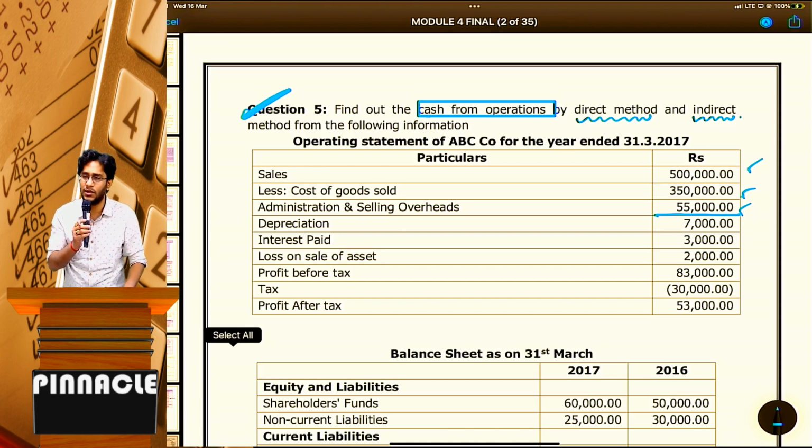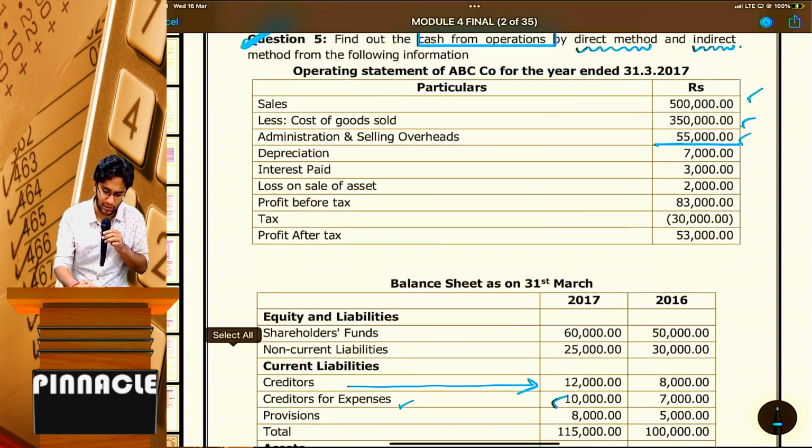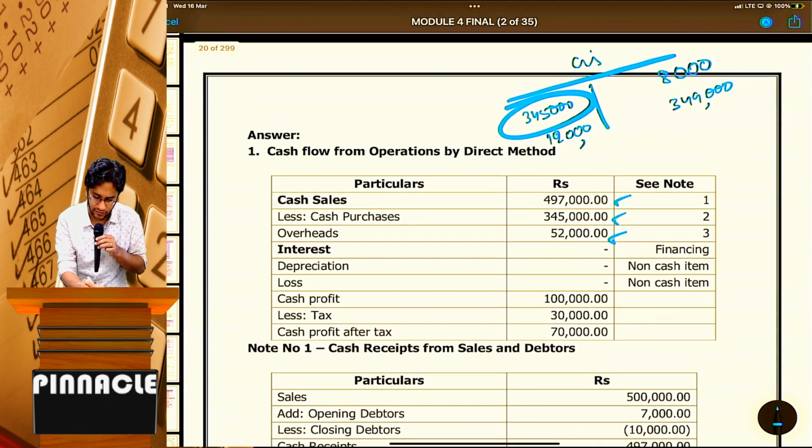It is not appearing, meaning the entire 30,000 has been paid. So actual tax paid also is equal to 30,000. That means your items will be cash collected from debtors 497, cash purchases and amount paid to creditors, overheads paid 52,000. Depreciation and loss on sale you will not take. So by now he got 1 lakh, from that 30,000 you remove, net effect answer is 70,000.